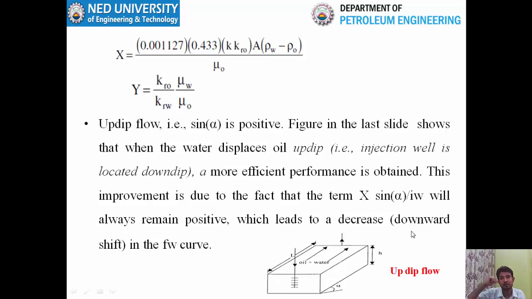So water, because of the gravity pull, will flow more easily and quickly and will bypass your oil. So you will have viscous fingering in the reservoir and an early breakthrough of the water.